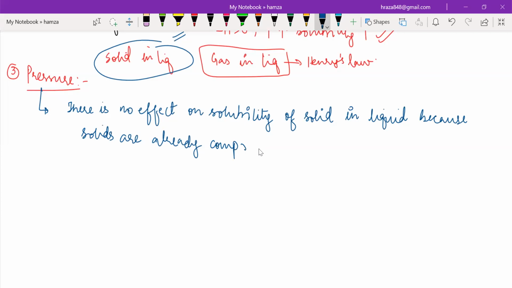So there will be no effect of pressure if you are going to dissolve solid in liquid. But there will be an effect in gas and liquid, which we will study in Henry's law.